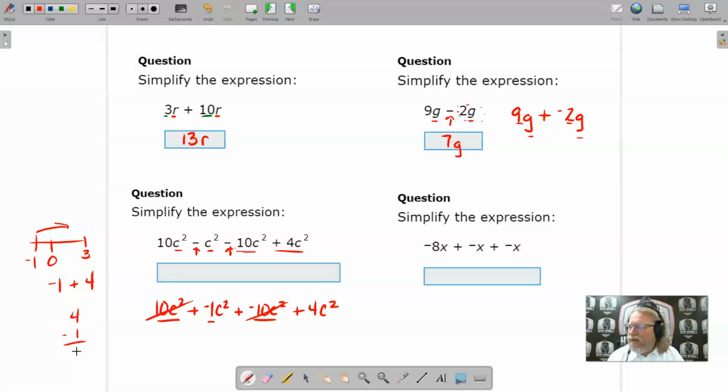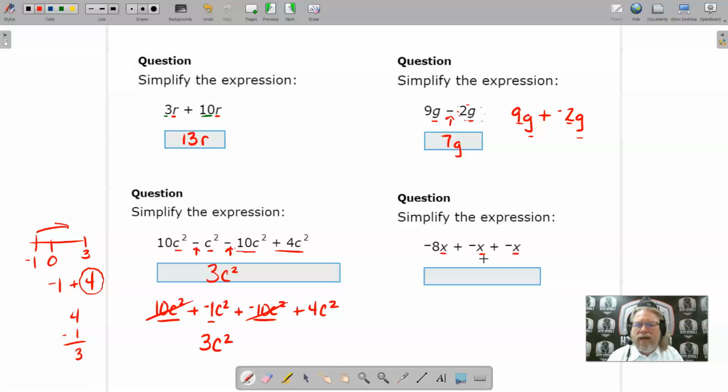And so 4 minus 1 is 3, and the 4 has the greater absolute value, and it's positive, so our answer is positive as well. So our answer of negative 1 plus 4 is positive 3. 3 what? Got to bring that term of c squared along. So 3c squared.